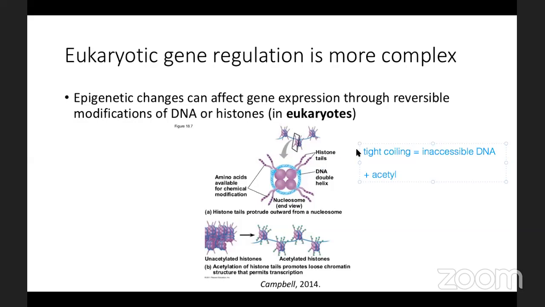So when you acetylate, so let's say if we add acetylation, it loosens the coils, and therefore the DNA is accessible and transcribable. And so that's a way that we can look at gene regulation in terms of, I guess, larger DNA structures. All right.